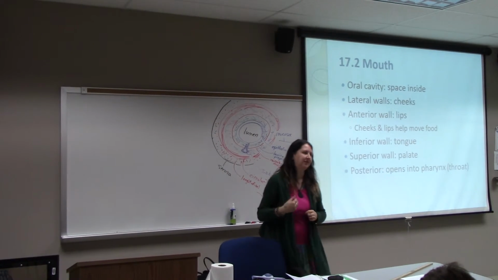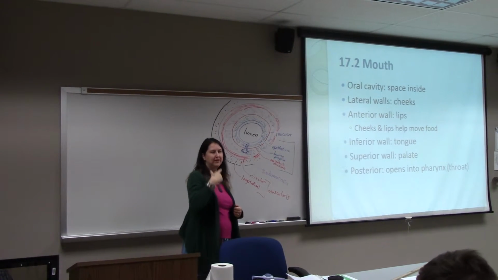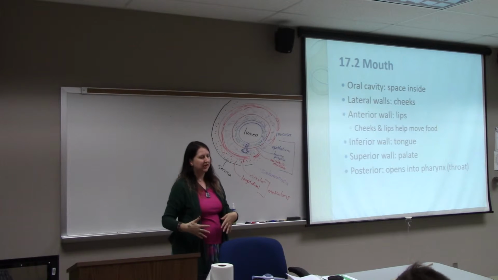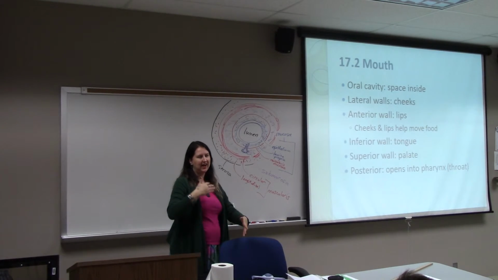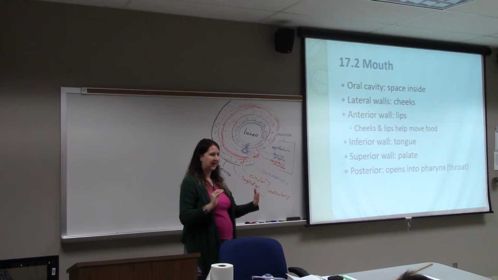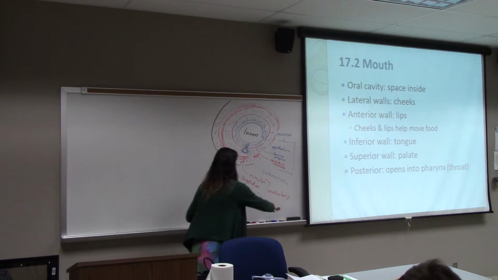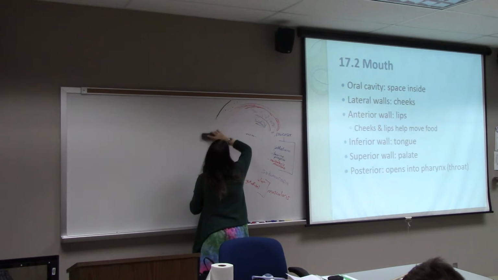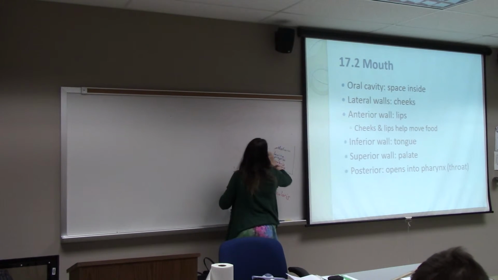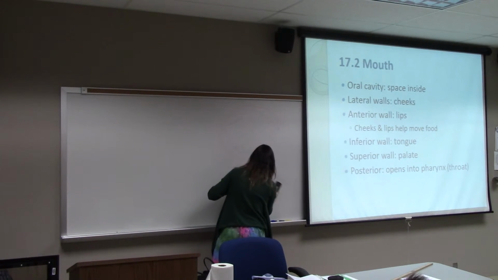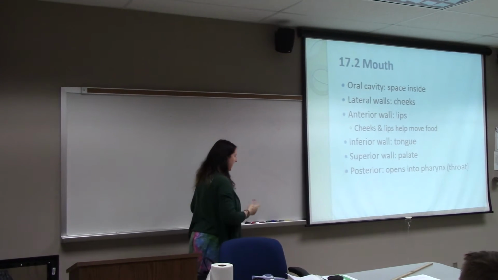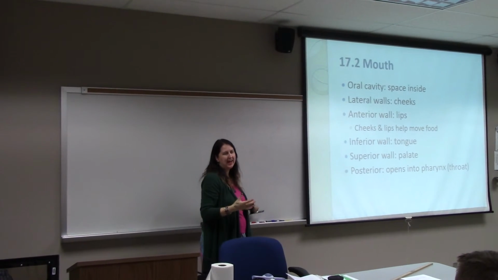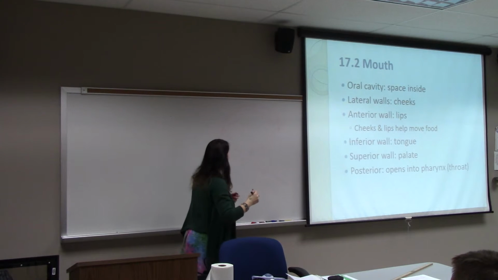Okay, so now we're going to start at one end of the alimentary canal, work our way down, looking at the accessory organs as we connect to them. Starting at the mouth, the oral cavity is the space inside.